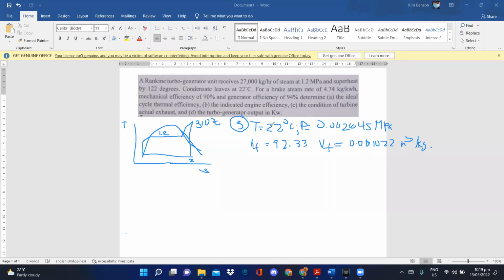So by using these values, makuha natin yung work ng pump. Work ng pump is equivalent to VF times P4 minus P3.